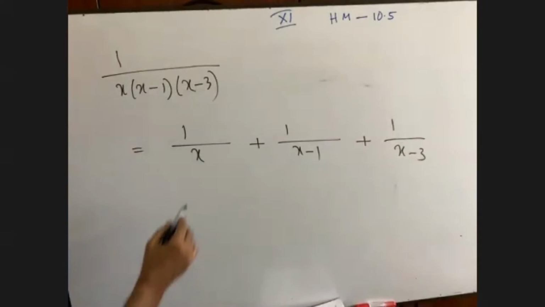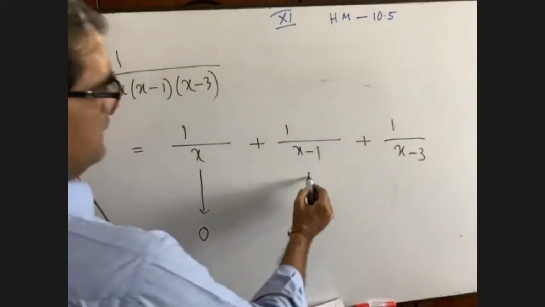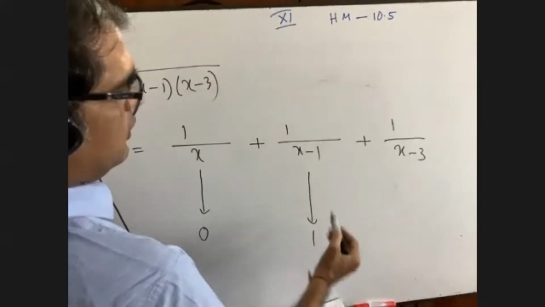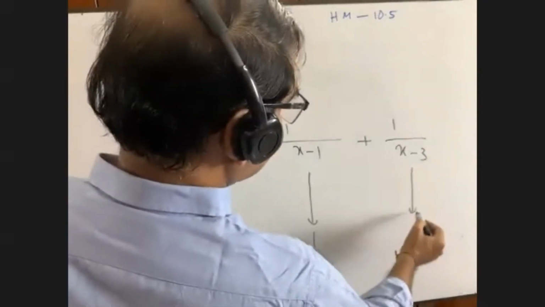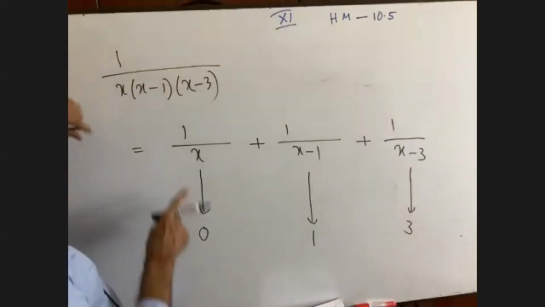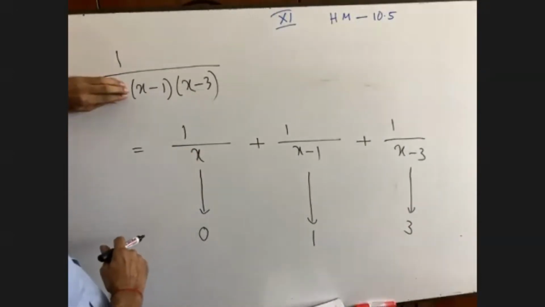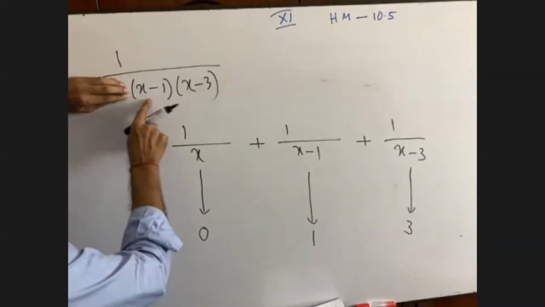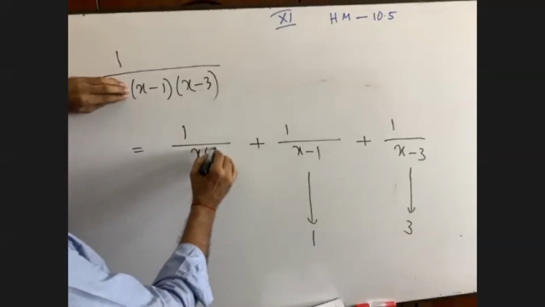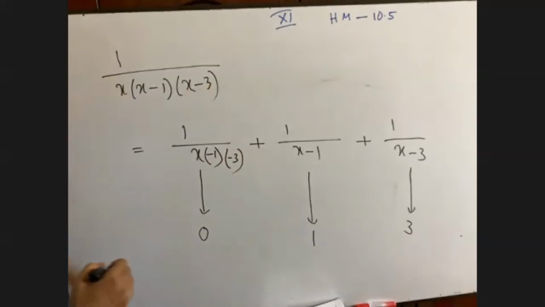Just let me know what is the value of x here? 0. Here 1. And here 3. Right? Now we have to put x equals to 0 except this part. So you forget it. Put x equals to 0. What will be the result? 0 minus 1 minus 1, 0 minus 3 minus 3.